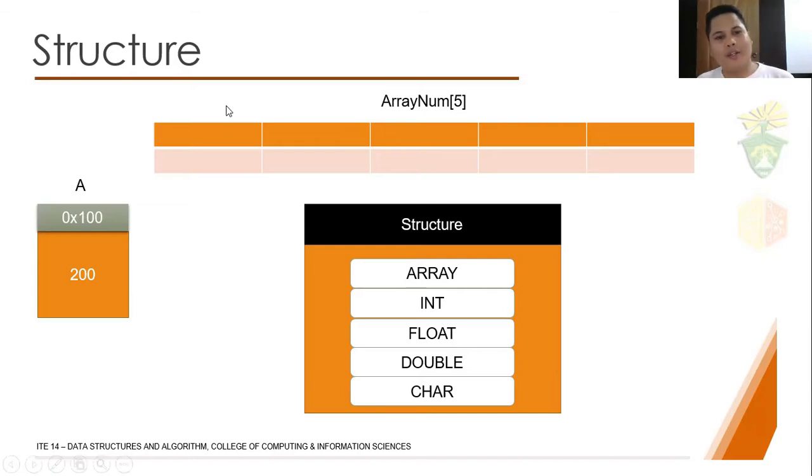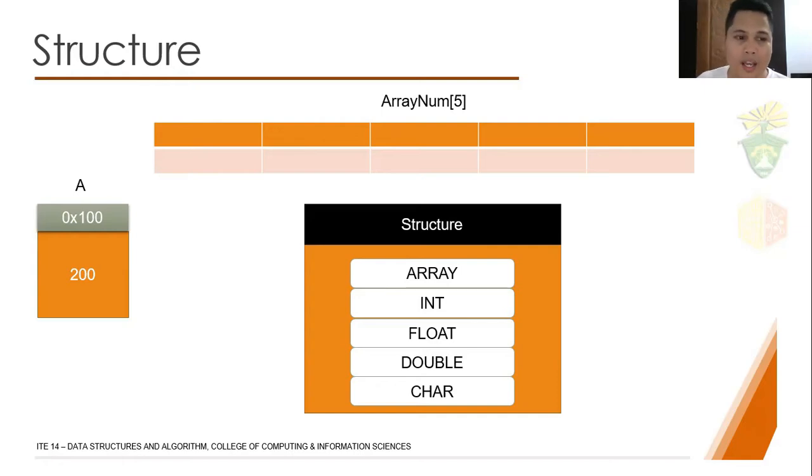So, if we look at our previous topics, in the leftmost part of our slides we have a variable being declared. We call these the basic data types, like int, float, double, and char.